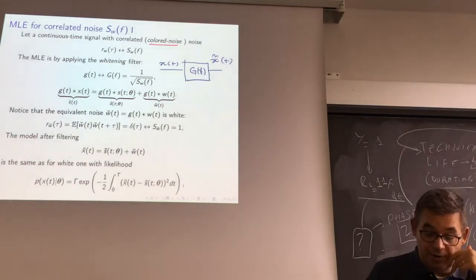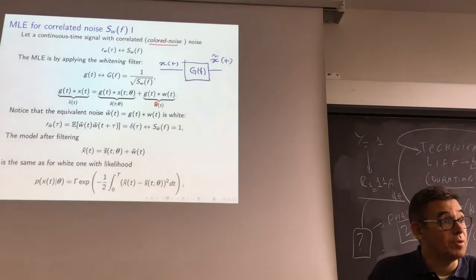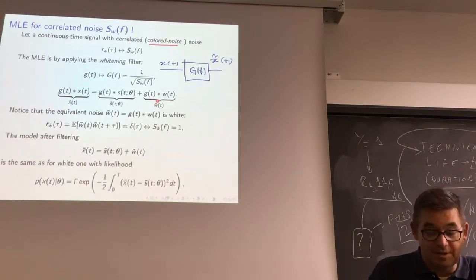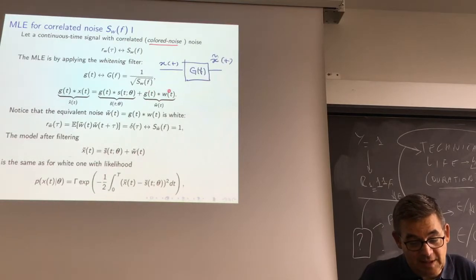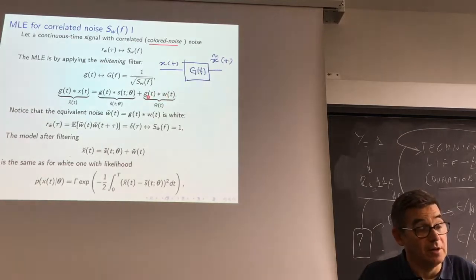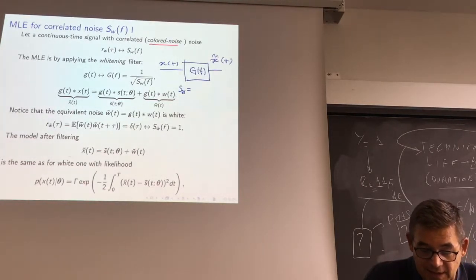Now, if I need to prove that this W tilde is white, the proof is simple. By definition, the power spectral density of W tilde is the power spectral density of W multiplied by G squared. So SW tilde is SW multiplied by the absolute value of GF squared.